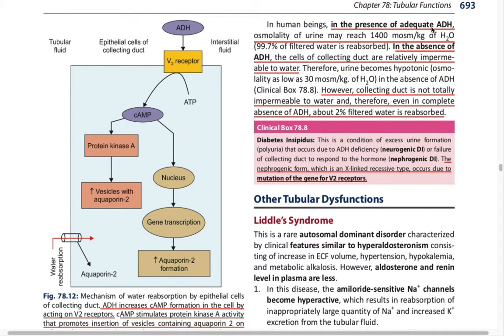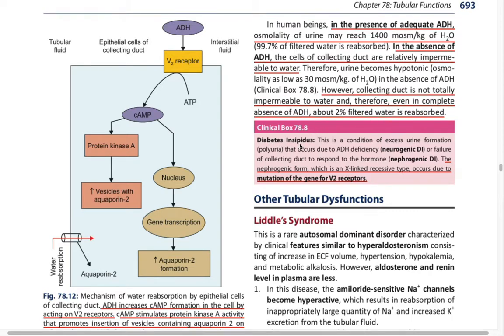In the presence of adequate ADH, osmolality of the urine may reach 1400 milliosmol per kg of water. In absence of ADH, cells of the collecting duct are relatively impermeable to water. However, the collecting duct is not totally impermeable to water, and therefore even in complete absence of ADH, about 2% of the filtered water is reabsorbed.